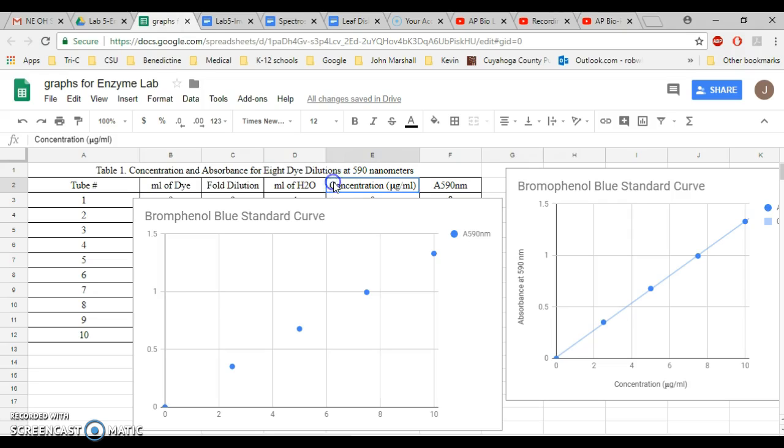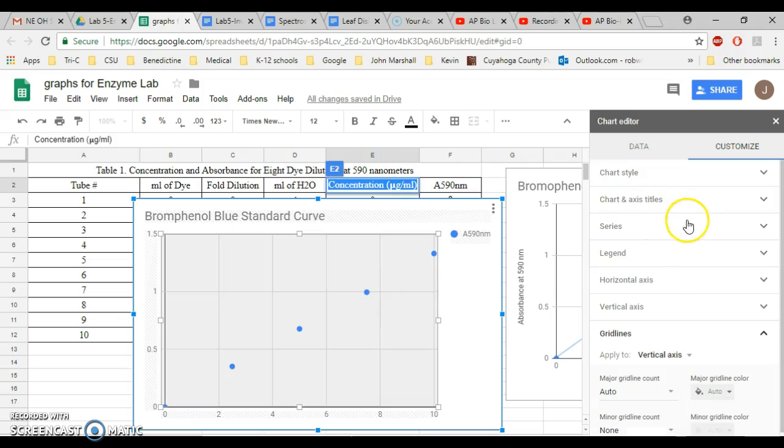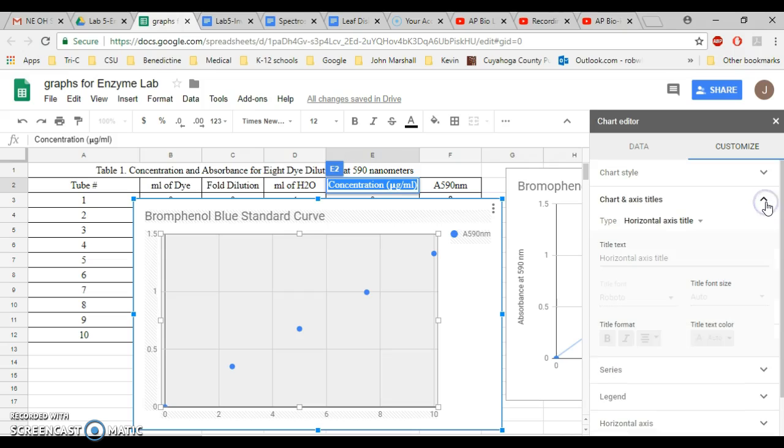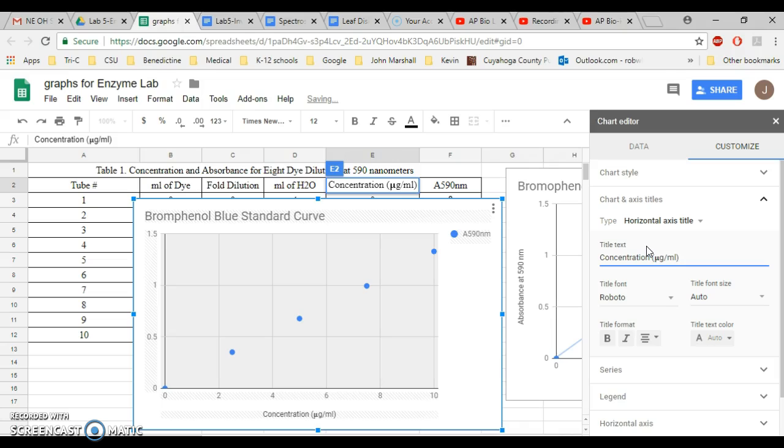I can just copy this information in there, and this is actually how I got it into the table in the first place, by copying it in from the Google Doc. Okay, because unfortunately Google Sheets doesn't have quite the level of functionality that a Word document or a Google Doc would have. Okay, so now you have your horizontal axis title typed correctly, and your vertical axis title is absorbance at 590 nanometers.